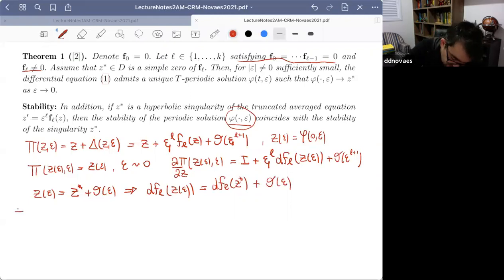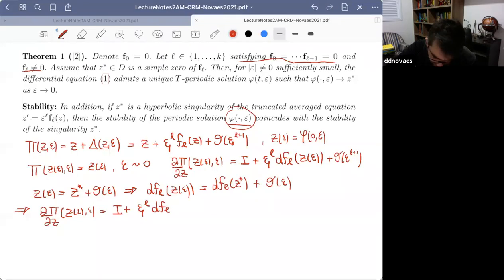And this implies that the derivative of the Poincaré map at z epsilon is equal to the identity plus epsilon^L times the derivative of FL evaluated at z star plus higher order terms in epsilon. Okay?